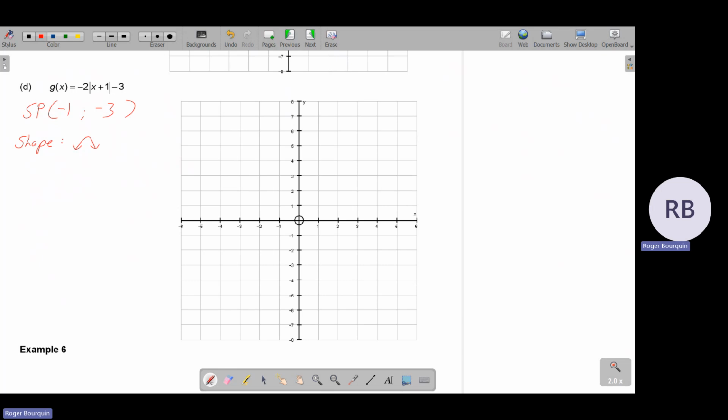Okay. So your salient point is (-1, -3). Okay. Which is it going to have, an x intercept, guys? No? Okay. So it's going to have a y intercept.